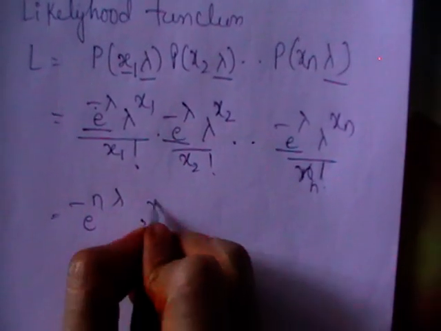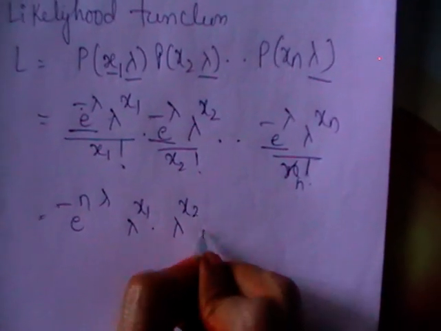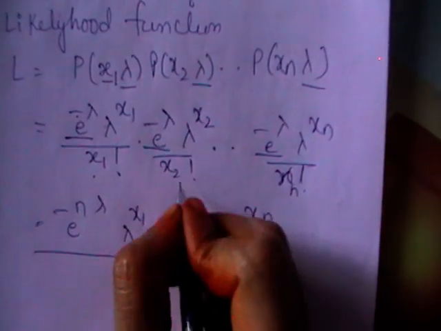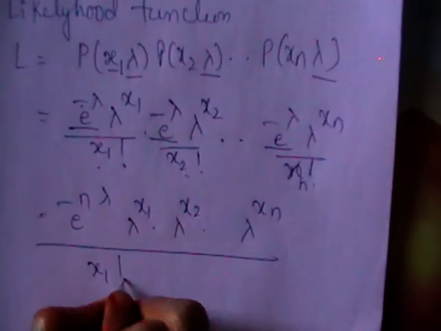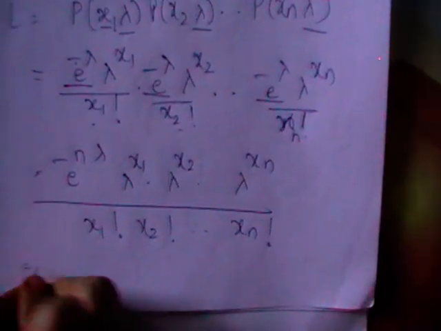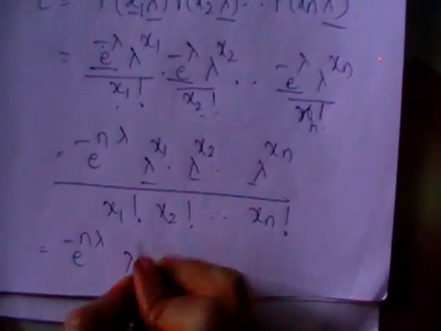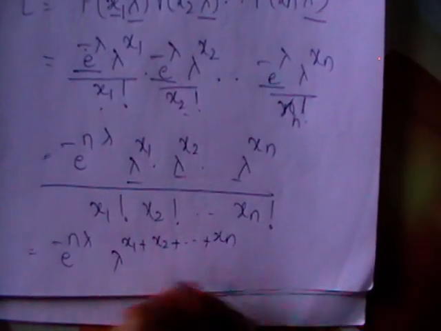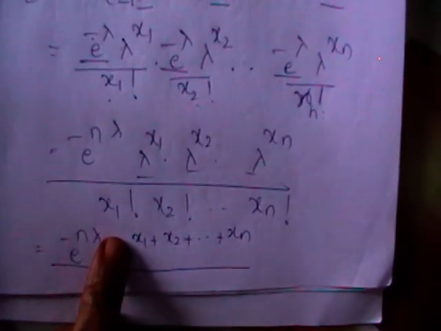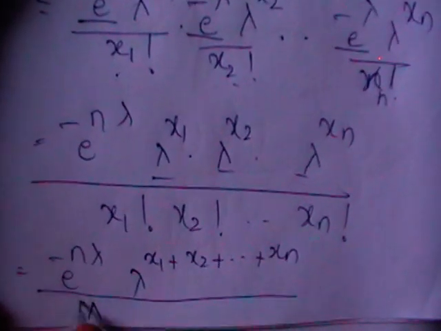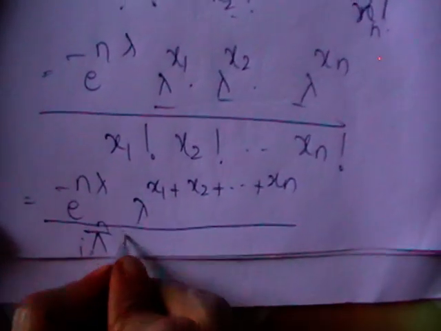You have lambda power x1 into lambda power x2, up to lambda power xn, by x1 factorial into x2 factorial into so on xn factorial. As the bases are equal, you can add the powers: lambda power x1 plus x2 plus so on xn. If you observe the denominator here, all the variables are separated with multiplication, which we can write as pi, i is equal to 1 to n.